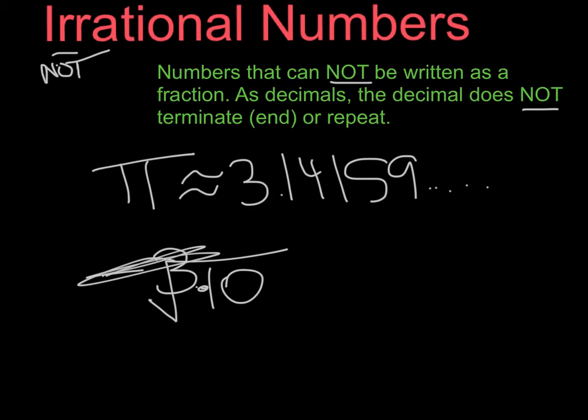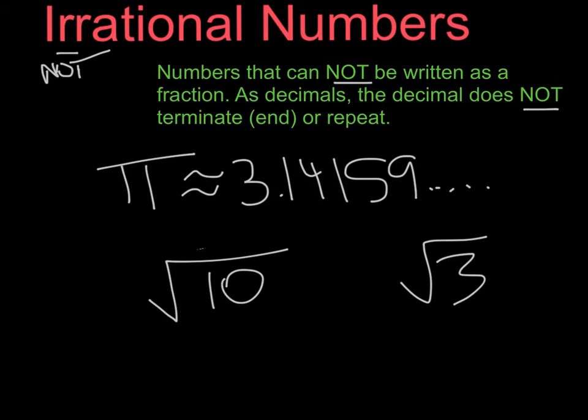Now, the square root of 10 is not a perfect square. In other words, like 3 squared is 9, so the square root of 9 would be 3. It doesn't have anything like that. If I were to put it in a calculator, I'm going to get a funky decimal answer. Same thing with square root of 3.